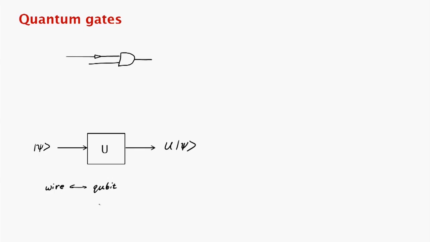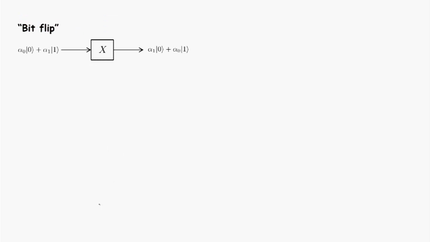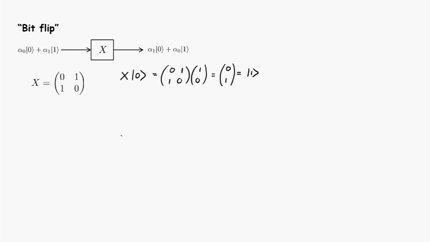Okay, so let's look at examples. Our first example is the bit flip gate, which is given by this transformation, X, the matrix 0 1, 1 0. What does X do to 0?